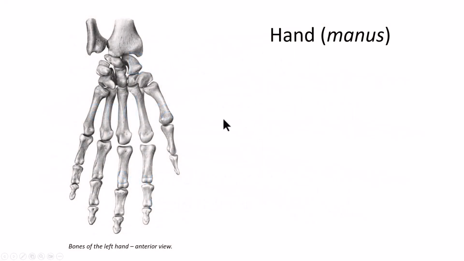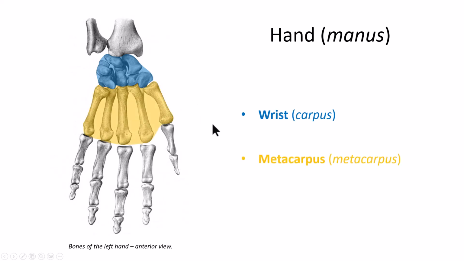When it comes to the bones of the hand, we can divide them into three groups, which we will distinguish based on the illustration showing the left hand from the front. Carpal bones, wrist, and in Latin carpus, are marked in blue. There are 8 of them in 2 rows of 4 each. Then metacarpal bones, metacarpus, in Latin also metacarpus.